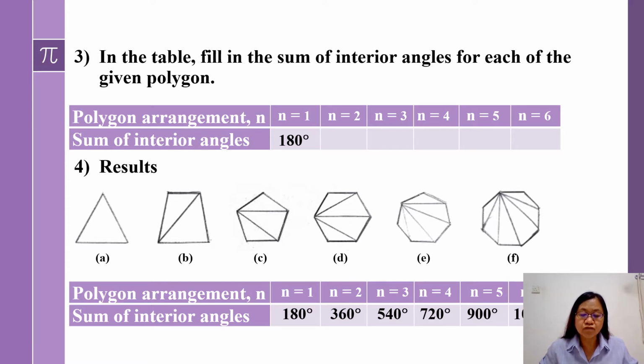And when n equals 4, it is 4 times 180 degrees, so the answer is 720 degrees. When n equals 5, it is 5 times 180 degrees, so the answer is 900 degrees. When n equals 6, it is 6 times 180 degrees, which becomes 1080 degrees.